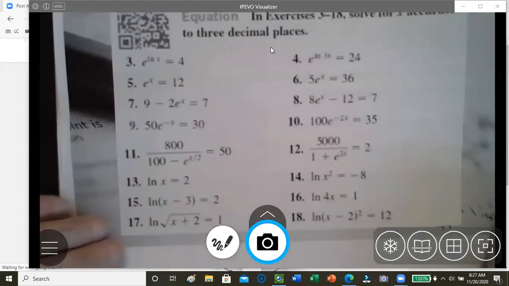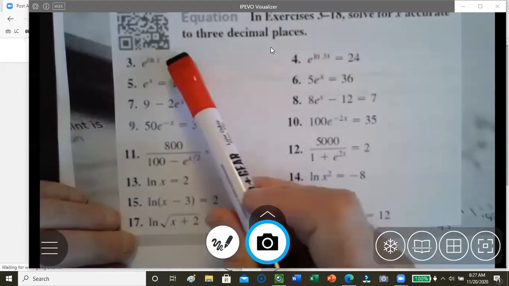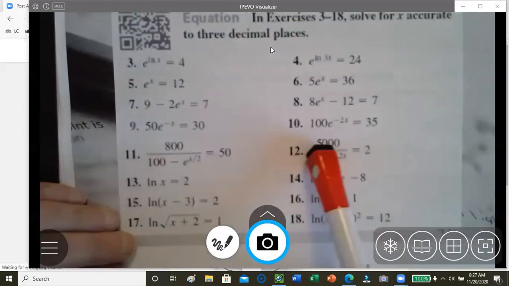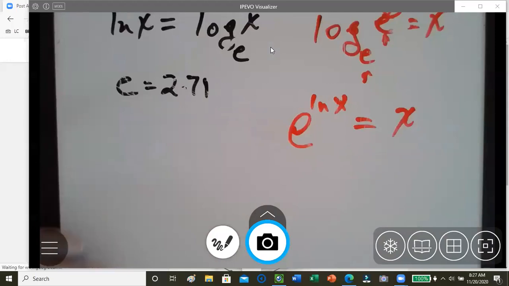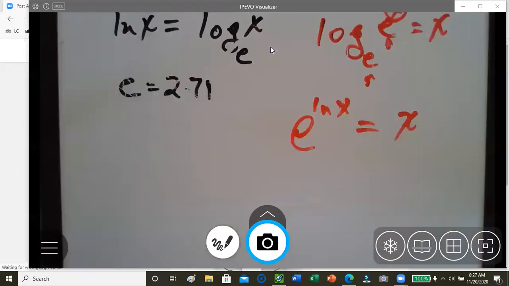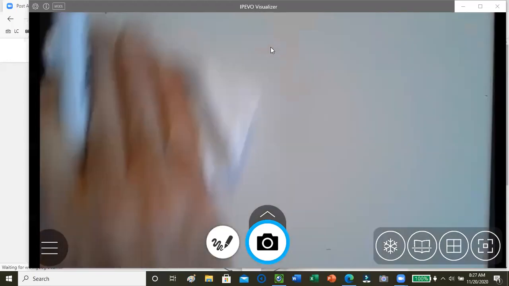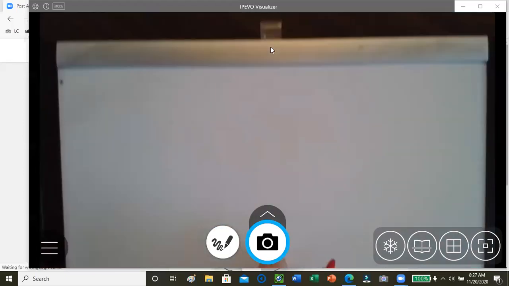Okay, so we want to solve for x accurate to 3 decimal places. Let's take a look at problem 10. Okay, so let's do that. Where did I put my, here it is. Okay, so put this up on number 10.